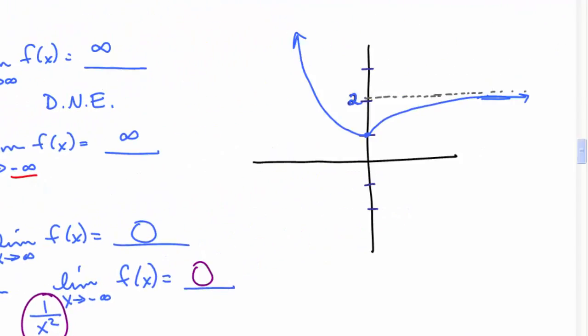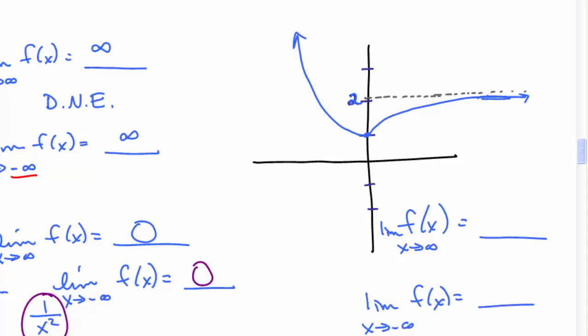Okay, now let's look at this graph I've made up. Okay, so we want the limit as x approaches positive infinity and negative infinity. Okay, so x is this way. What is y getting closer to? Well, you can kind of see that this graph is flattening out.